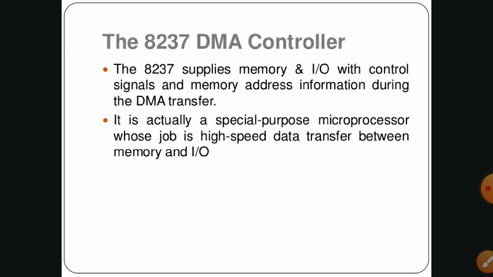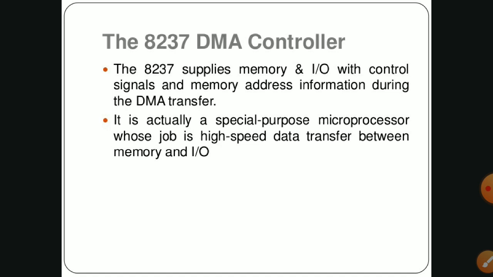The DMA controller is one type of hardware device. Its operation is that when any type of IO transfer is initiated, that IO transfer is going to be completed by this device without any intervention of the processor. So the 8237 DMA controller has its own memory and IO control signals.